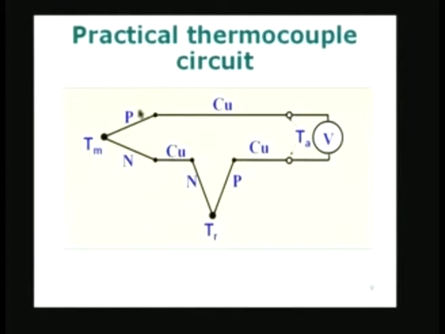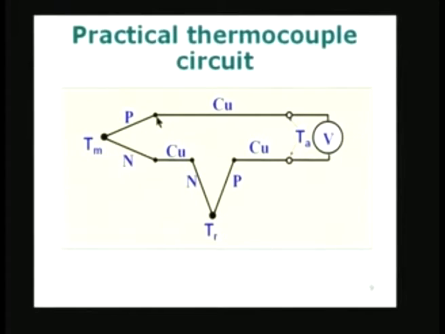If you want, you can call it junction number 1 extra, junction number 2 extra, there is junction number 3 extra, 4, and then 5 and 6. 6 extra junctions have been formed by connecting the copper wires as lead wires. Instead of taking the same wire all along, I could have done that. That is what I did in the simple thermocouple circuit.